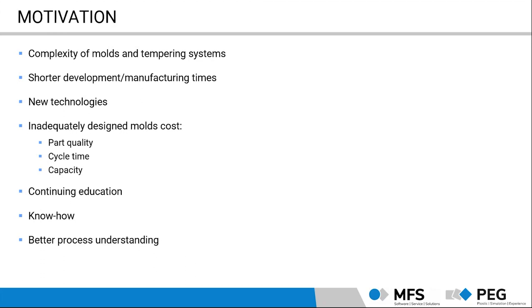And training is always a way of continuing education. You increase your know-how, you increase your skills and become a better simulation engineer. But of course, you will also get a better understanding of the processes, what happens in the mold itself.